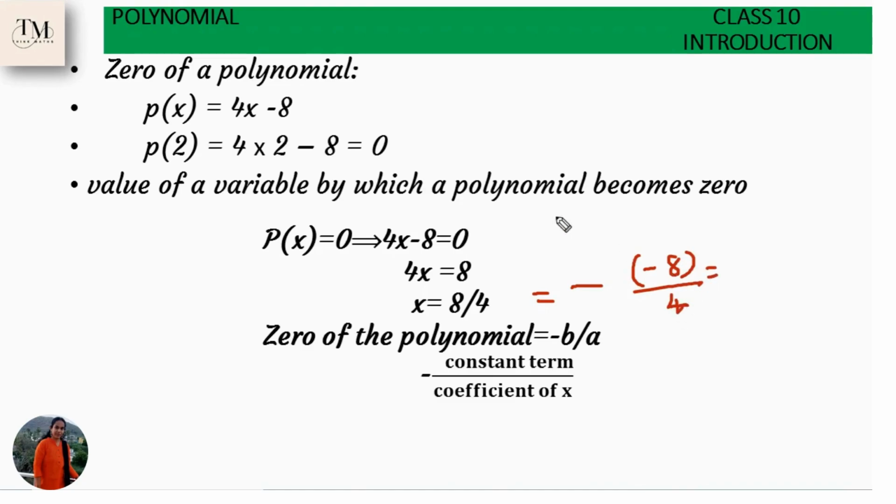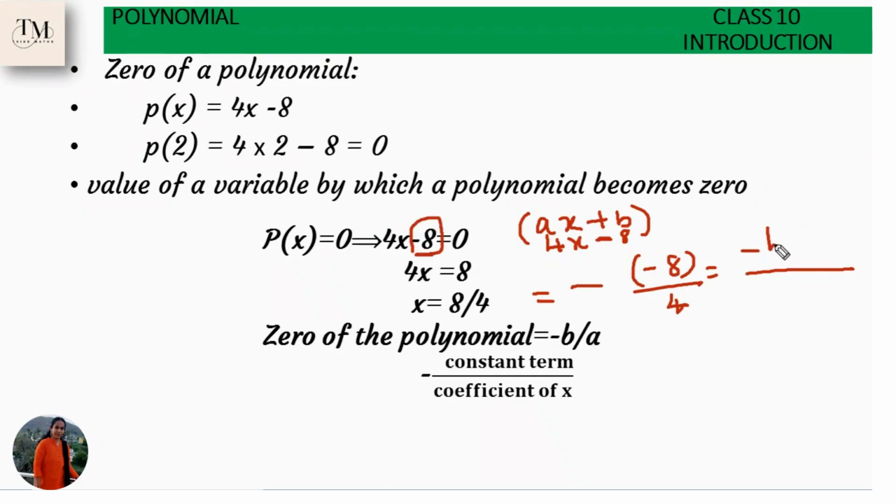Okay. So this equation is nothing but ax plus b, that is 4x minus 8. So here we got 8 divided by 4. So this is nothing but minus b. Okay. So that is, we got plus 8, that is minus b, where b is minus 8.